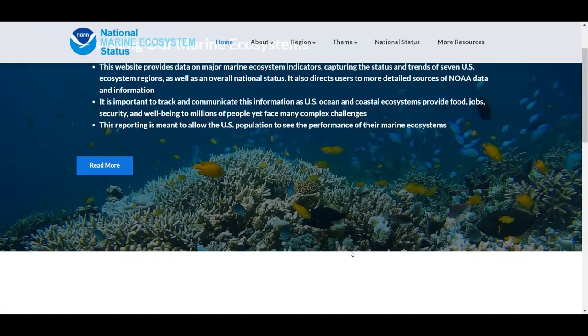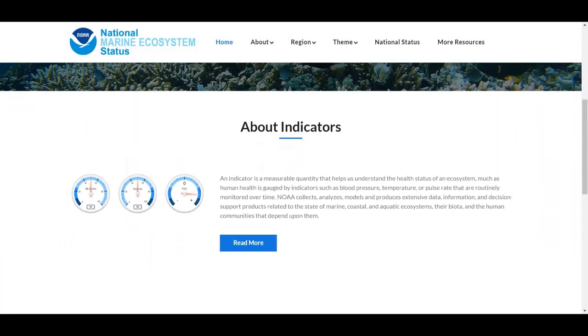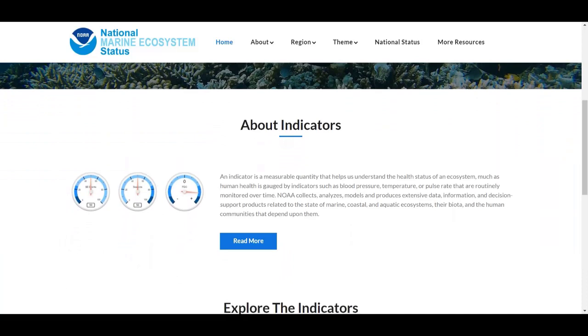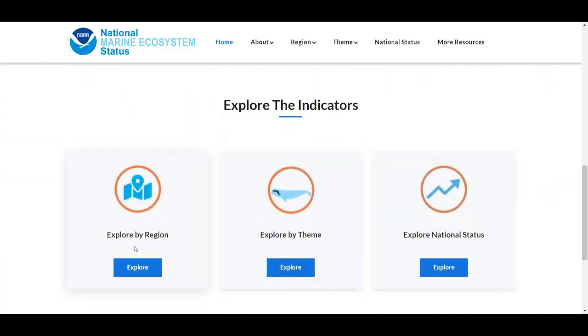And the indicators are sorted into three different formats that you can view them. You can explore the indicators regionally, spatially by large marine ecosystem, thematically by large group, or through that national status, which, as I mentioned before, is a collation of all of the waters of the United States.